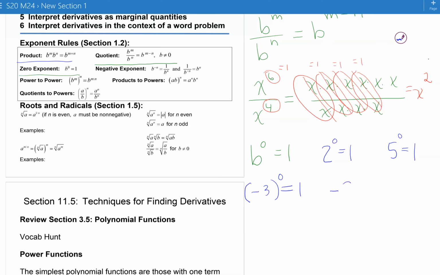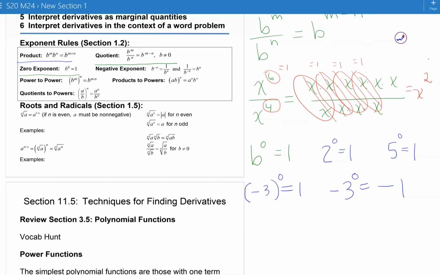But then if I write with no parentheses, exponents cannot operate on anything except what they're touching the corner of. So with no parentheses, the 0 exponent does not have any effect on the negative sign. So this is going to be -1. So make sure you're clear on the difference between those two.